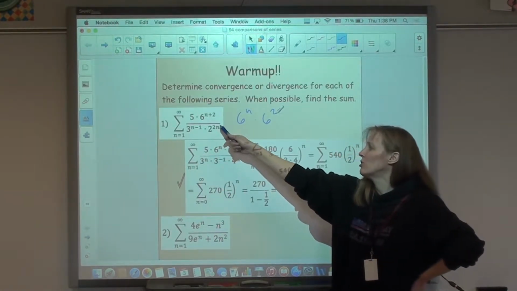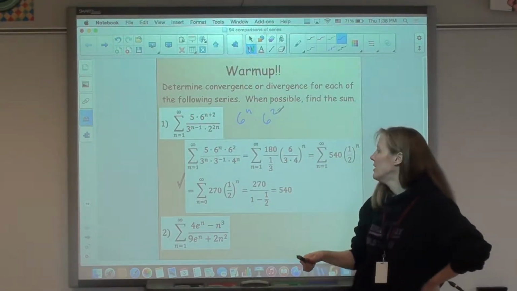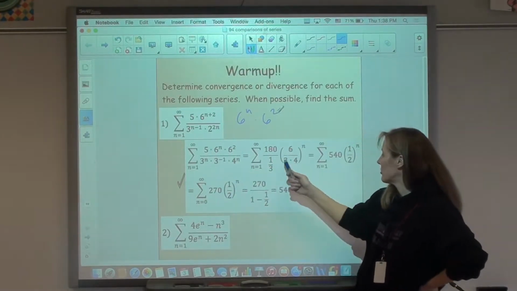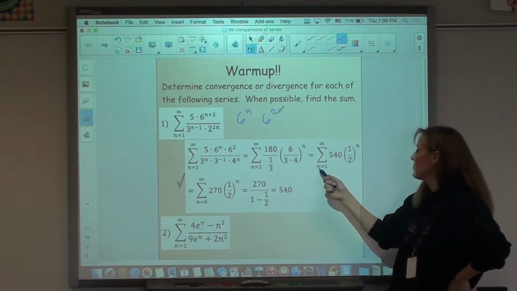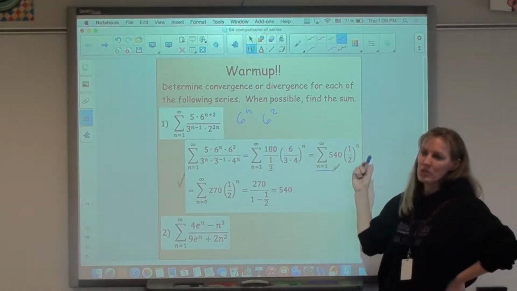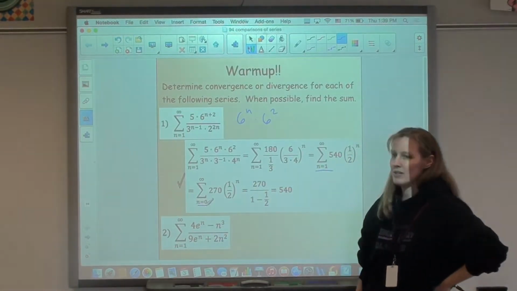And then 2 to the 2n is 2 squared to the n, which is 4 to the n, right? And then you get all the numbers in the front and all the nth powered terms raised to the n, and you just clean it up, right? Except this starts with n equals 1, so of course you have to rewrite it to start with n equals 0 so that you can find the sum.